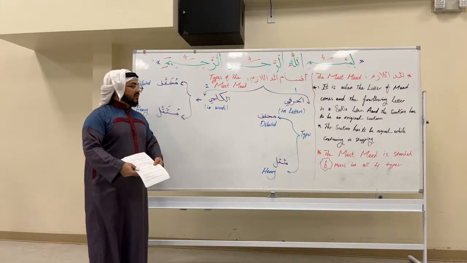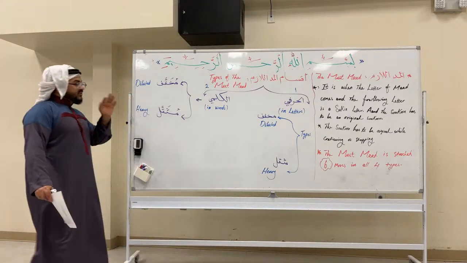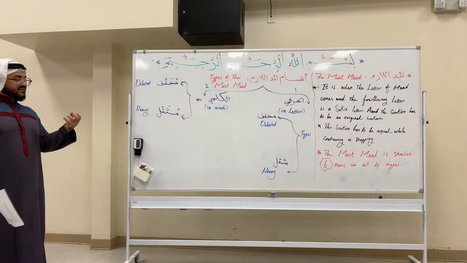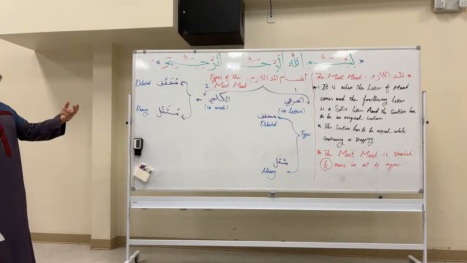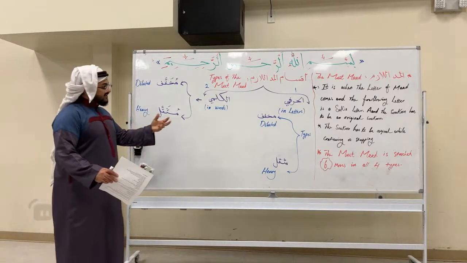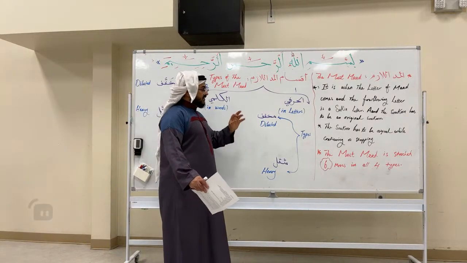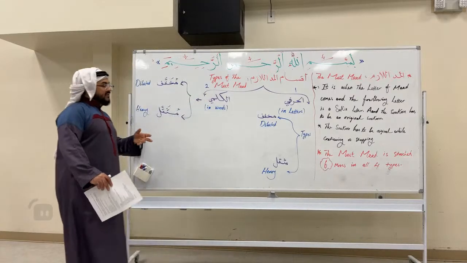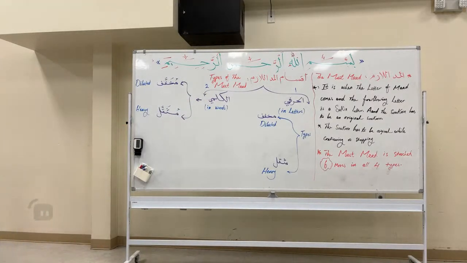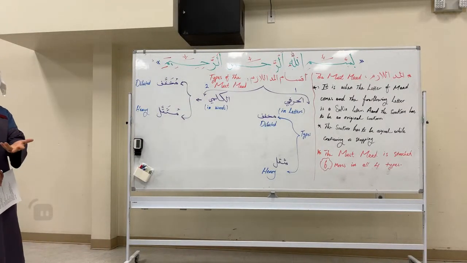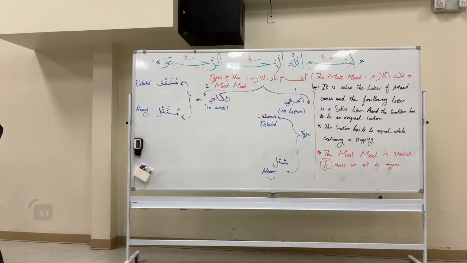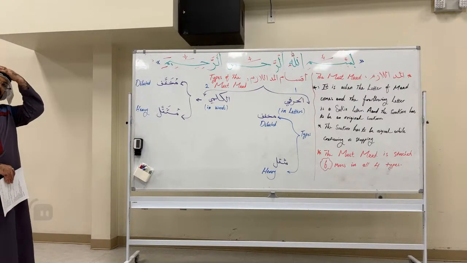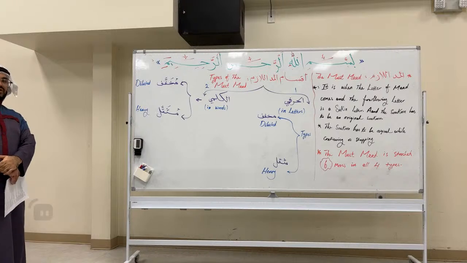Finished? So, this one I want you to pay attention to because it's easy, but it has four types and they look alike. If you think about al-mad al-lazim, lazim is an order word too, right? Lazim means you have to do it. You cannot escape it. You don't have an option.